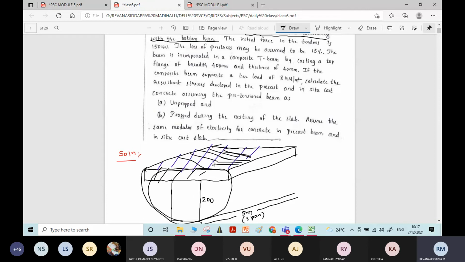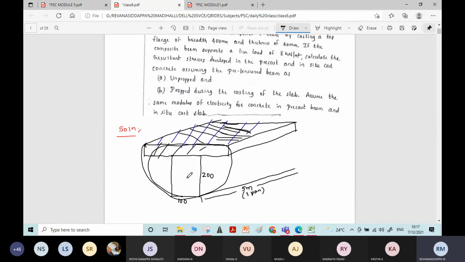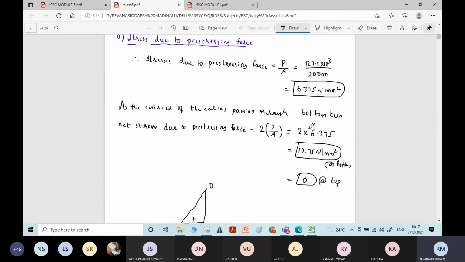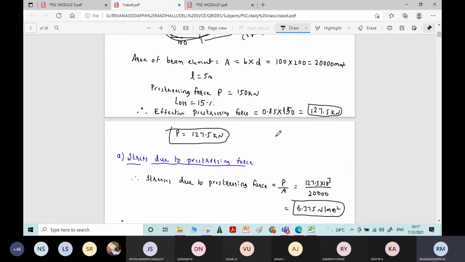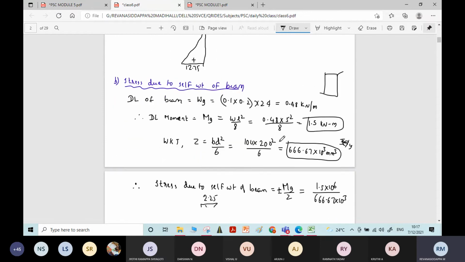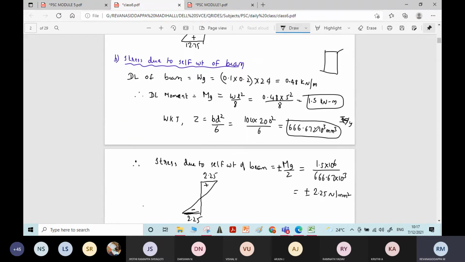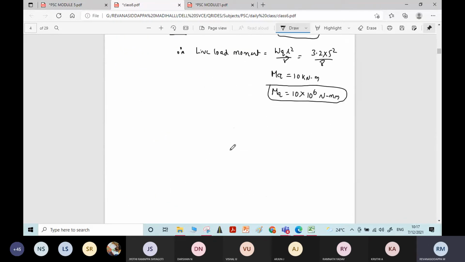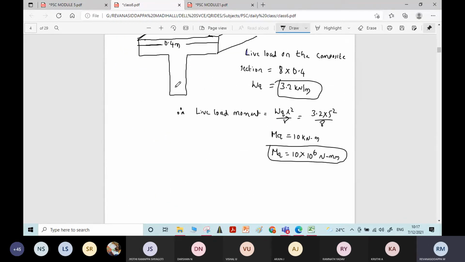Therefore, the section modulus should be calculated with respect to T section, not with respect to rectangular section, not the 666.67. Remember, with respect to the live load stresses, you need to take this full T section into consideration. Is that clear for you all, students? You need to say yes or no, sir.